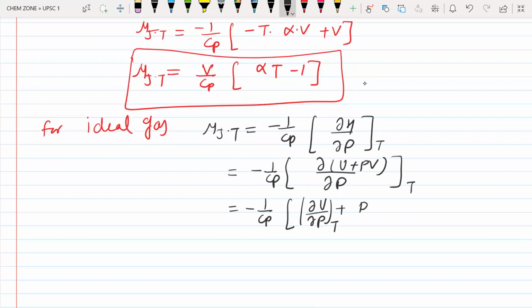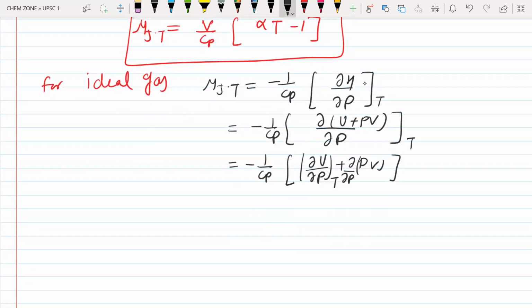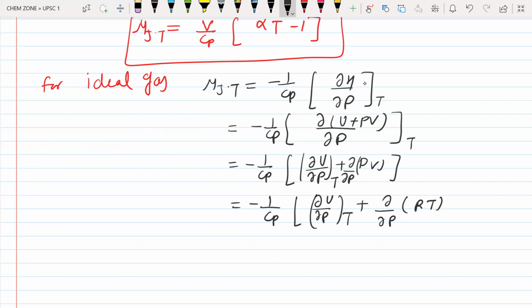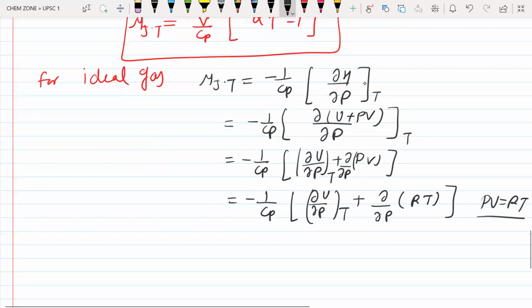Now, del by del P of PV. These are simple mathematical steps. In place of PV, we can put RT for ideal gas as temperature remains constant.